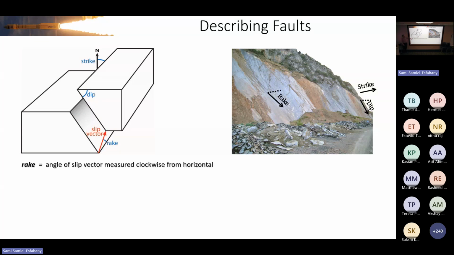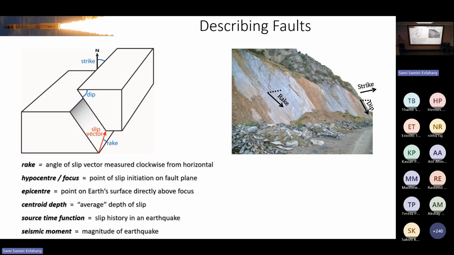If you've done this before, this is straightforward. If you haven't, it's not quite so intuitive, because the rake is the angle around from the strike direction that you're measuring. So if it's thrust like that, it's plus 90. If it's strike slip, it's 0, 180. So these are the sort of things we're trying to do.